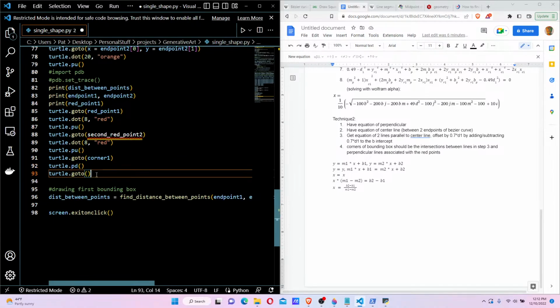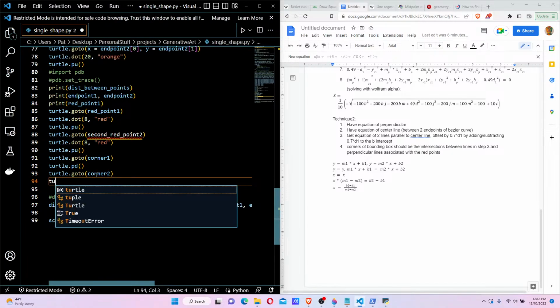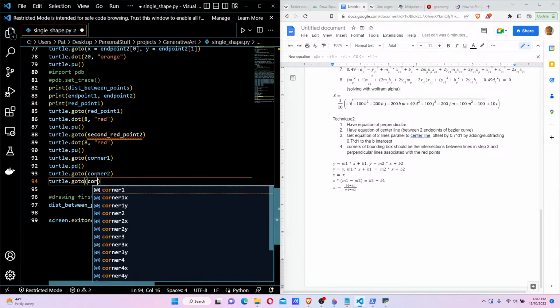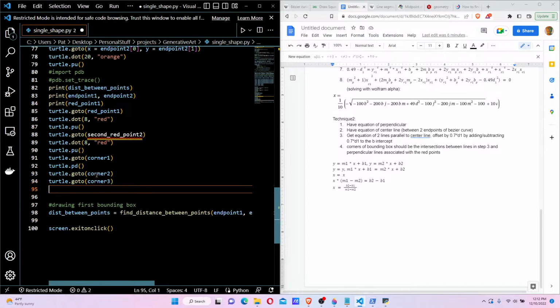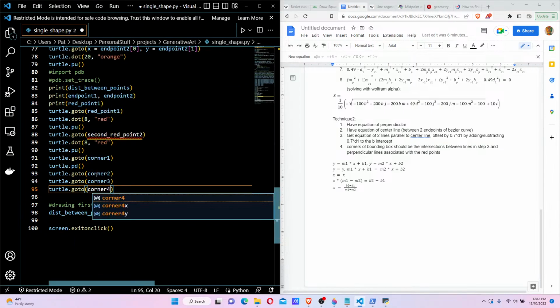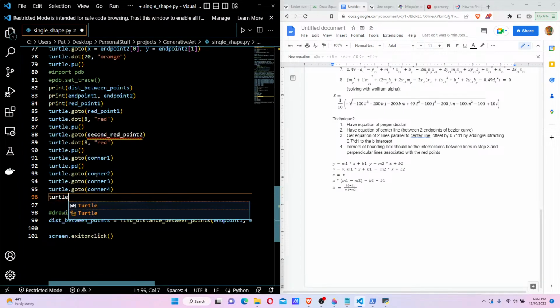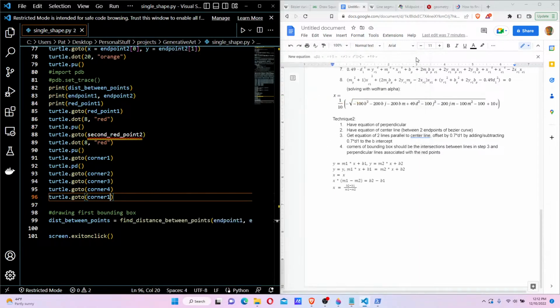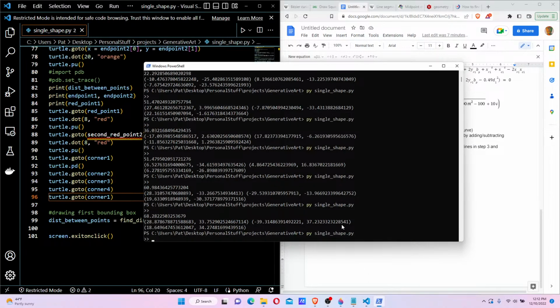Then turtle go to corner 2. Then go to corner 3. Then go to corner 4. And finally, go back to corner 1. And let's see how this looks. Okay, run it.